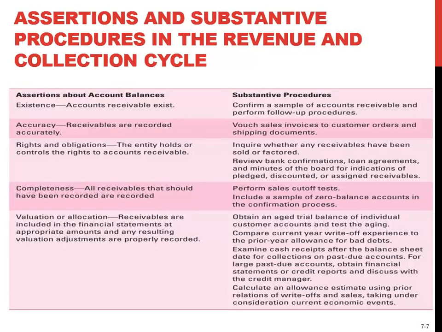So is it clear to everyone why testing controls and testing transactions will not give you evidence about accounts receivable? It'll only tell you that that accounts receivable was valid when it was recorded, but it doesn't tell you anything about the existence of accounts receivable at 12/31.